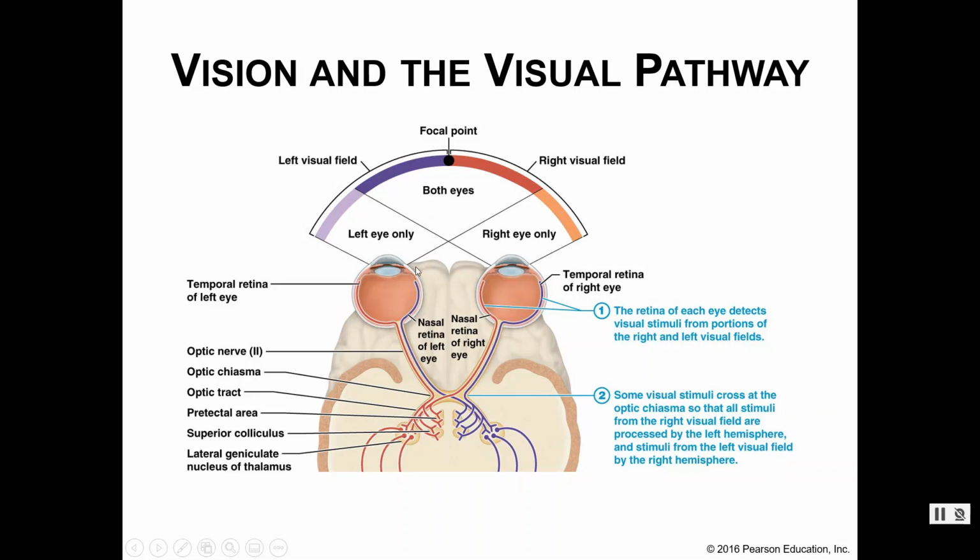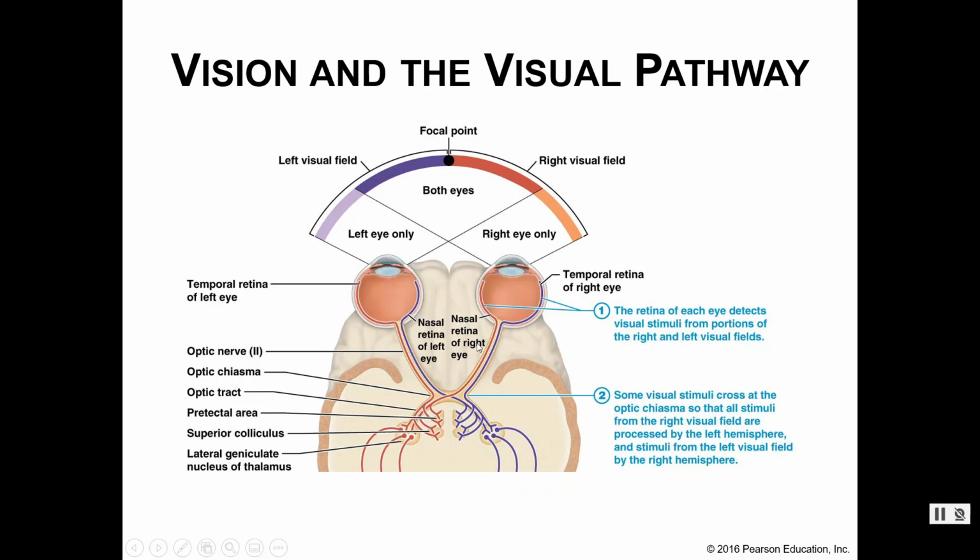But this blue portion coming from the left eye, in the chiasm, is going to cross over, and that will be processed in the right side of the brain. And the same thing happens with the right eye. So this information coming from the right eye stays on the right side and gets processed in the right side of the brain, but this portion of the right eye crosses over, and that information will get processed in the left side of the brain.